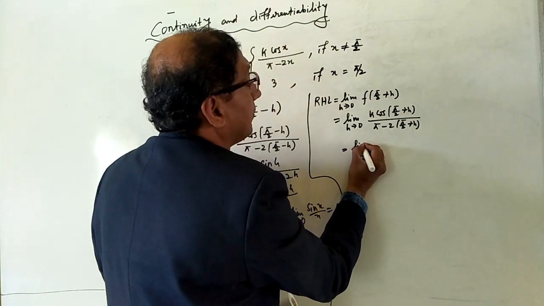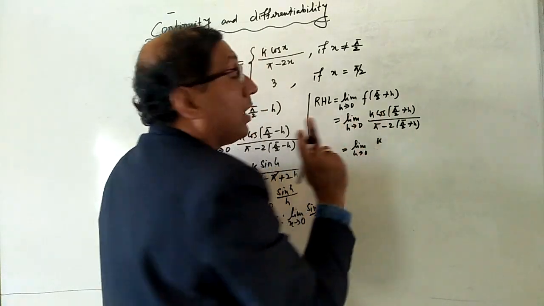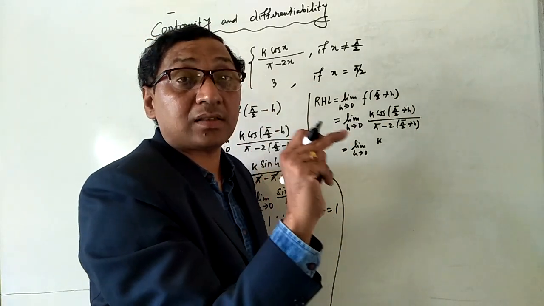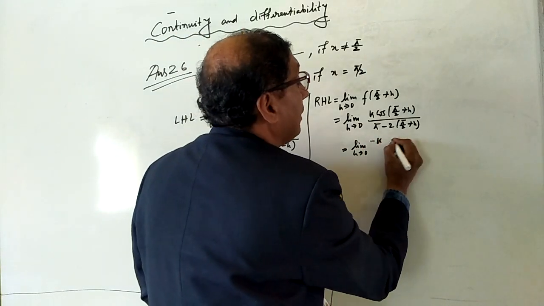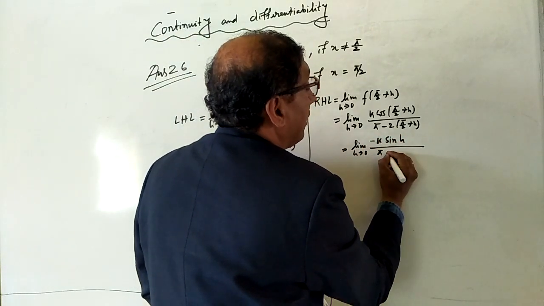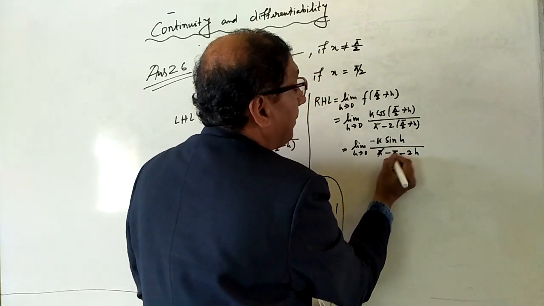Here pi by 2 plus h lies in the second quadrant, and in the second quadrant cos will be negative, so minus sin h upon pi minus pi minus 2h. Pi cancels.